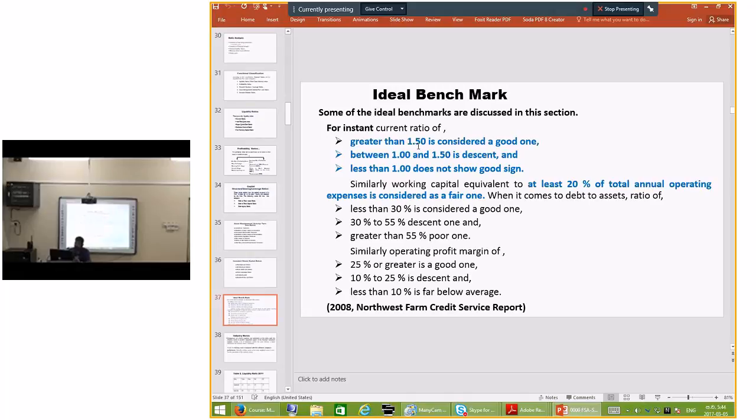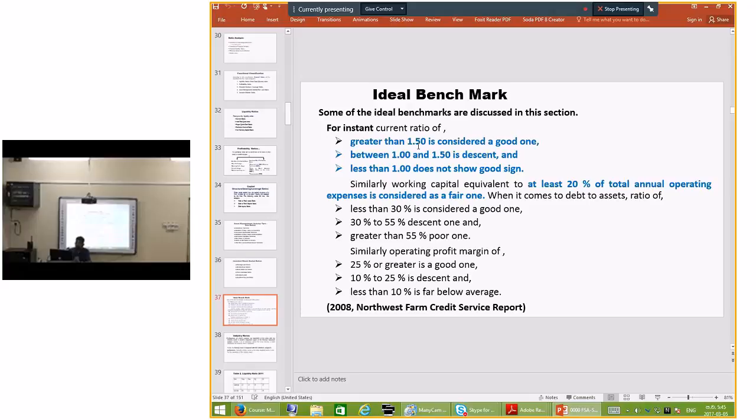Then again some criteria here. I extracted these details from the previous slides, right? Again you can see these benchmark values, and if you think about the quick ratio or the other ratios, if it is greater than a particular value, then we can make decisions based on that.